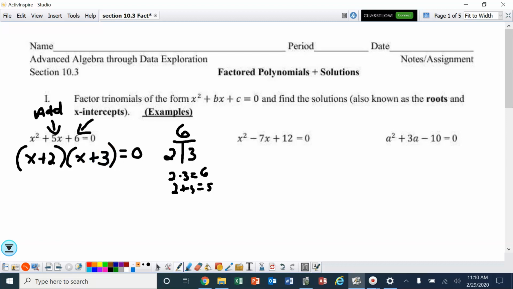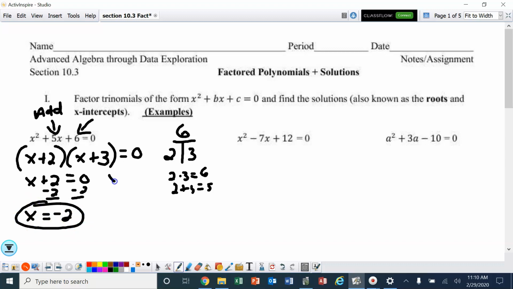Now, we want to find the solutions. To find the solutions, we're going to take the x plus 2 and set it equal to 0. Now we're going to solve. So one of the solutions is -2.